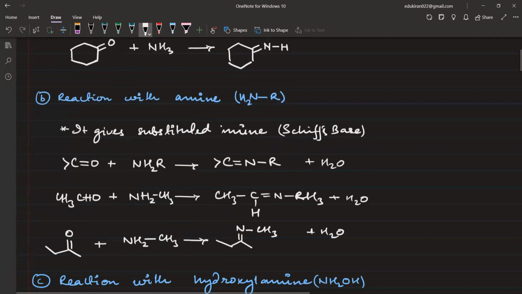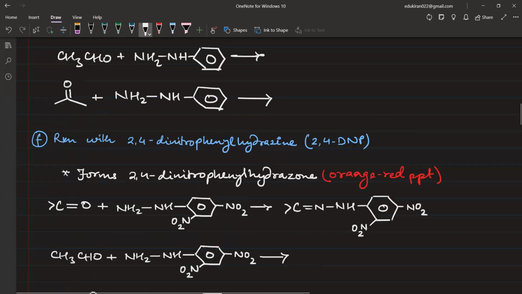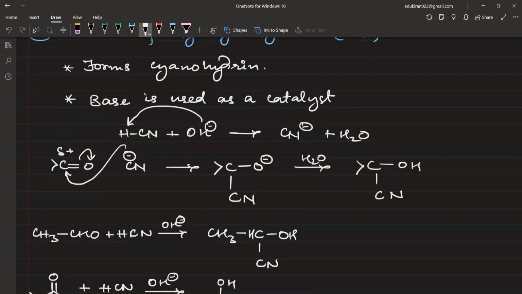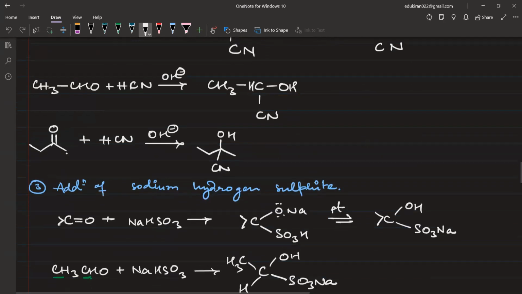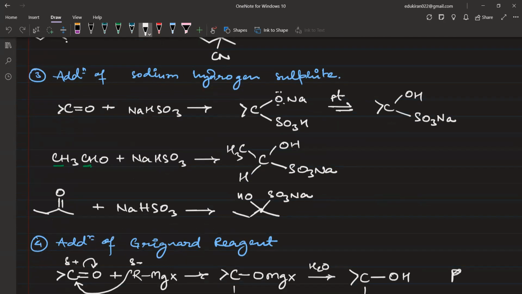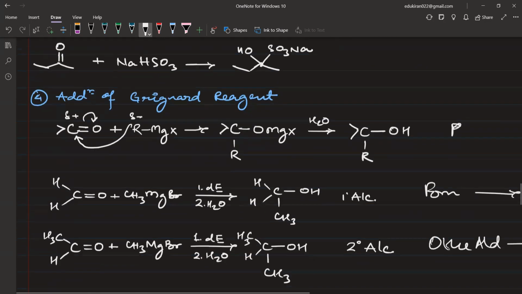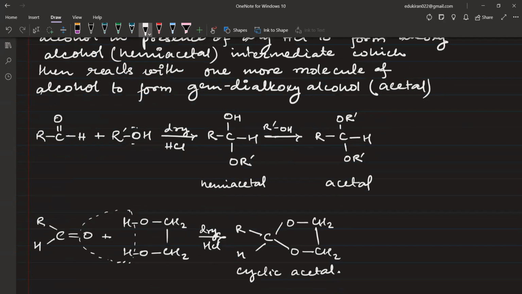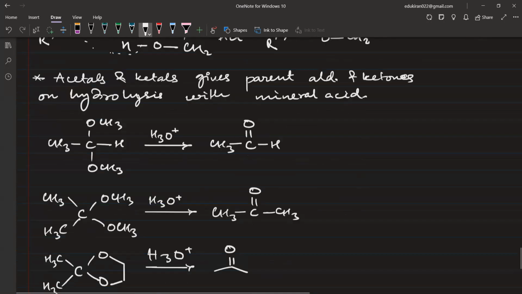You saw this in ammonia, and also in cyanide. The CN negative is attacking on the carbonyl carbon. Then sodium hydrogen sulfide: here the sulfur atom is attacking on the carbonyl carbon. Then in Grignard reagent, again, the attack is happening on the carbonyl carbon. Here also in alcohols, this is attacking on the carbonyl carbon. So all of these are nucleophilic addition reactions.